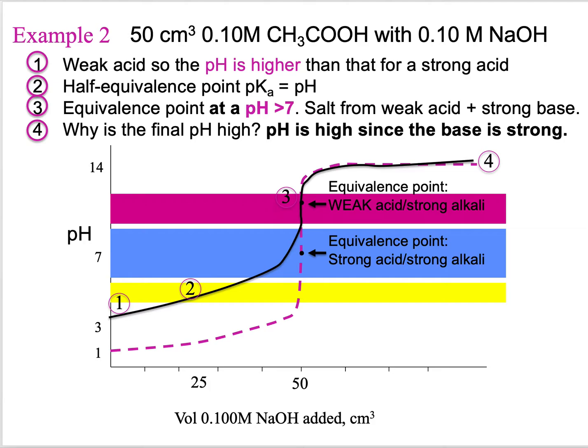So if you can read the pH off and then antilog it, you'll get Ka, the acid dissociation constant. And if you look at the black line there for the weak acid with a strong alkali, the equivalence point is higher than it was for the strong acid, strong alkali.